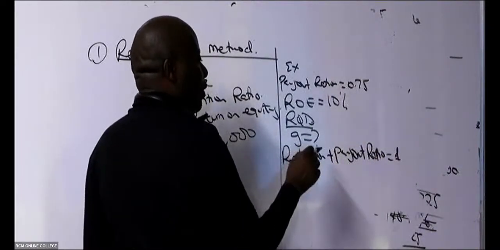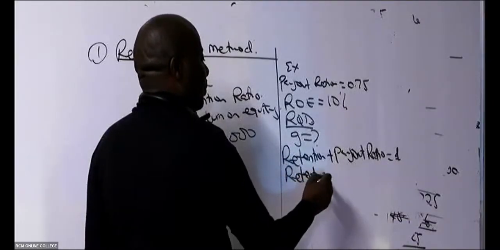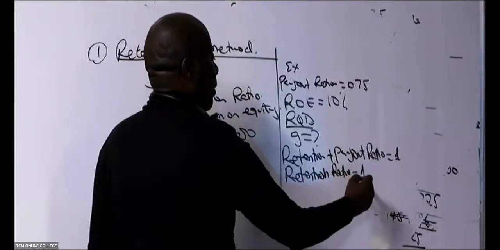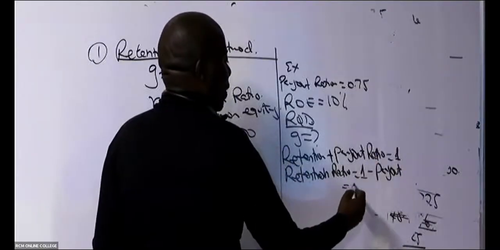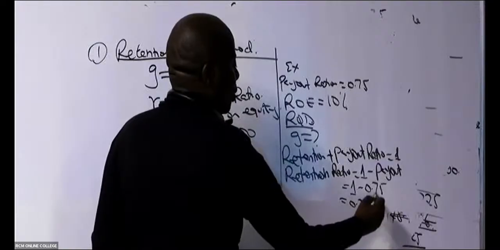Now that they have given you the payout ratio, the retention ratio will be 1 minus payout. So it will be 1 minus 0.75, which gives you 0.25.